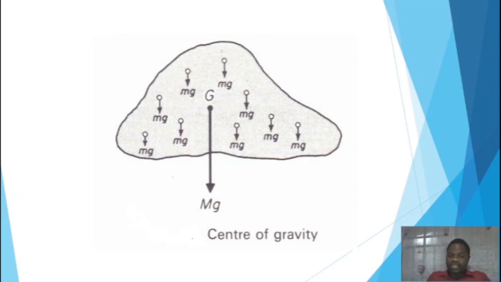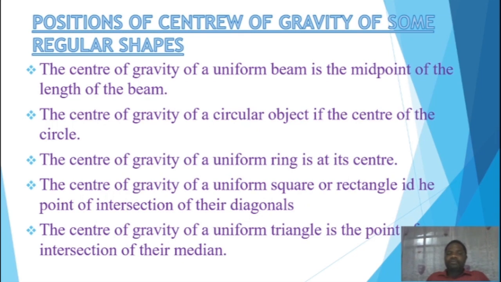So we represent it with capital letters, Mg. Remember, we said that capital letter M is the summation of all the masses of the particles. Okay, now let us look at positions of center of gravity of some regular shapes.